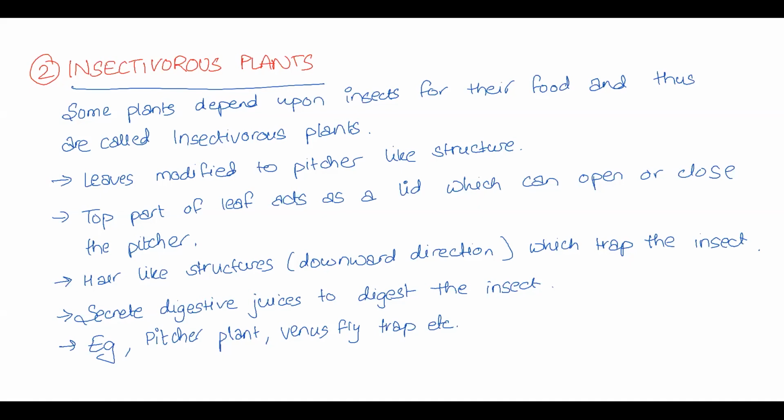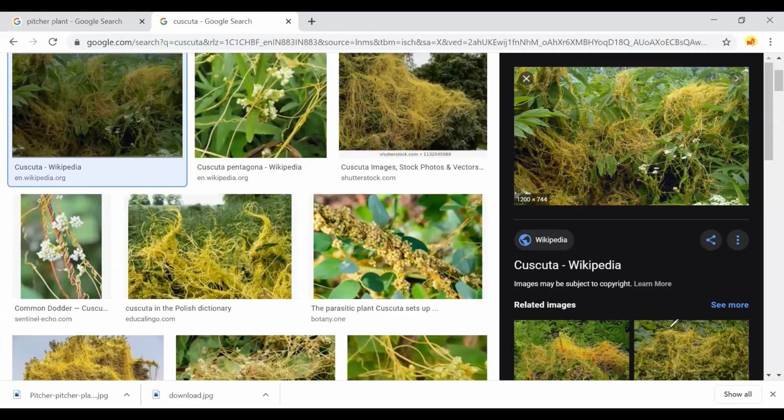Can you see this image? You can see a bunch of plants, and there are yellow thread-like structures on it. You can see the green plant, and over it these yellow thread-like structures.